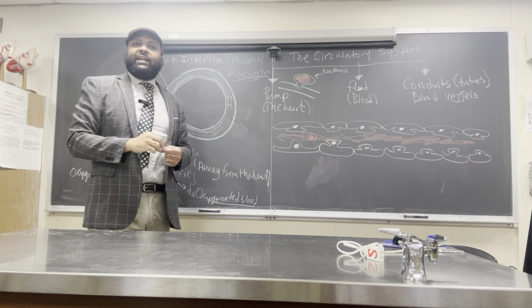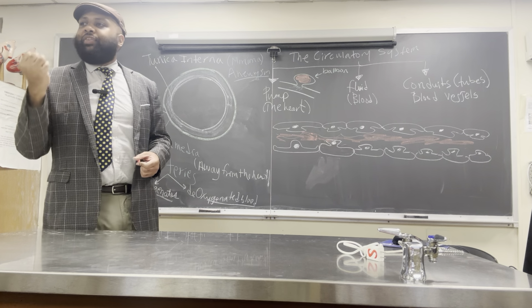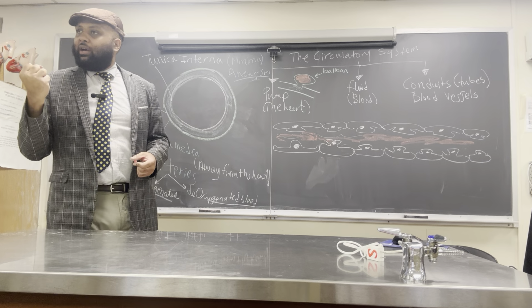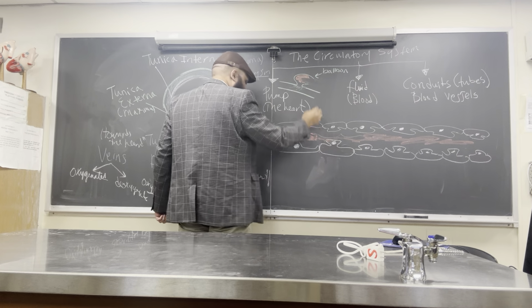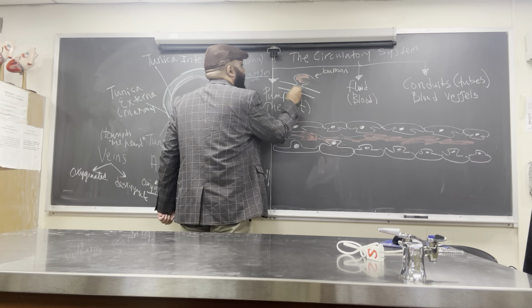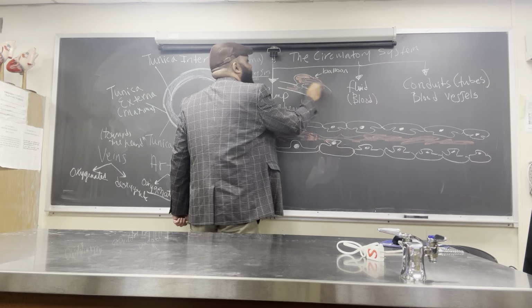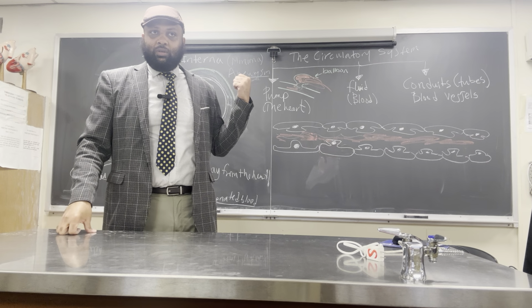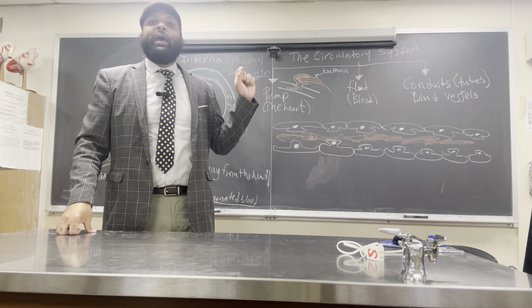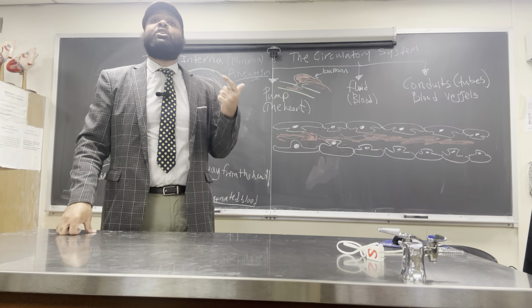Then this blood is going to get coagulated and thick and strong, and then it's going to rupture the balloon. When the balloon ruptures, what's going to happen to all the blood? The blood is now going to hemorrhage. It's going to burst, and you're going to have an internal hemorrhage.